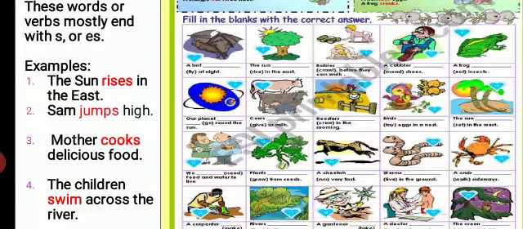Words or verbs like rises, jumps, cooks, swim are in the simple present tense as the action is happening presently. And, dear children, also note that most of these words end with the letters S or ES.